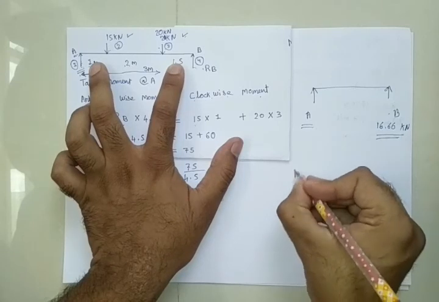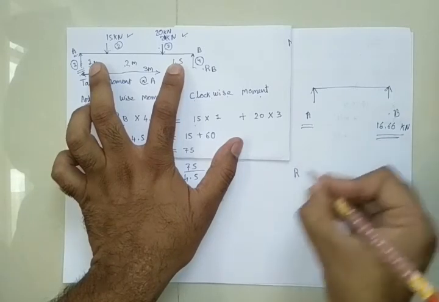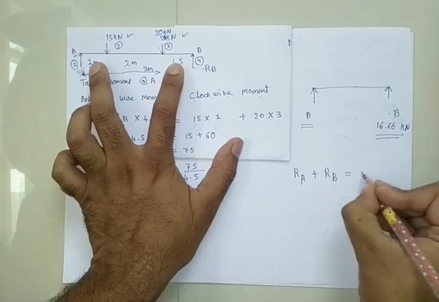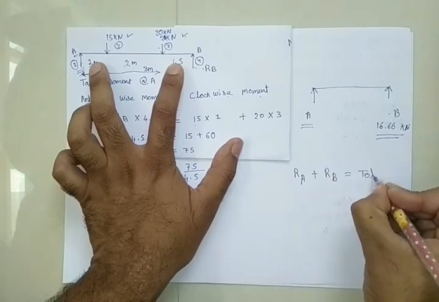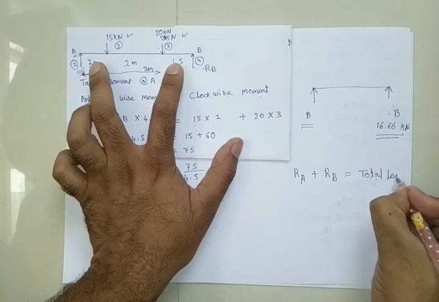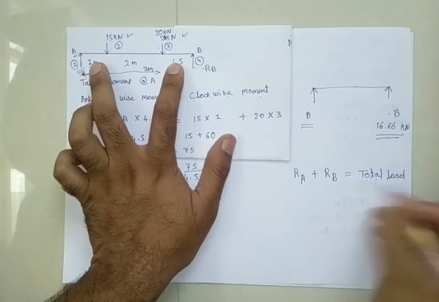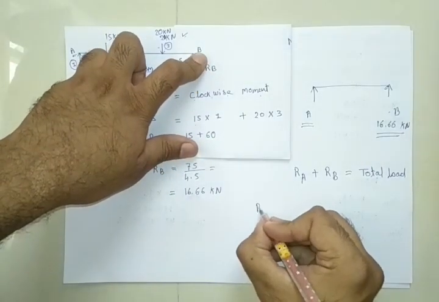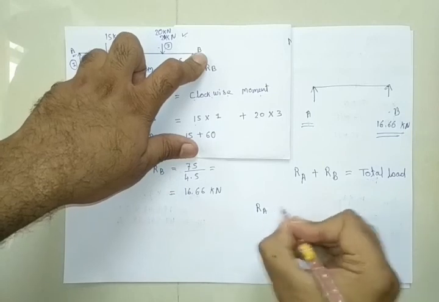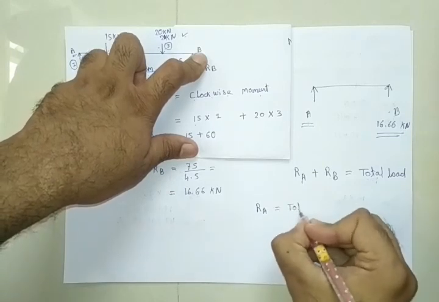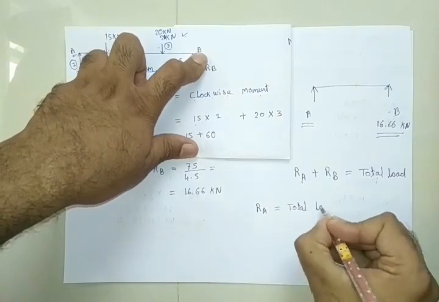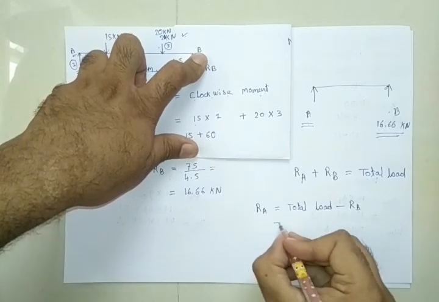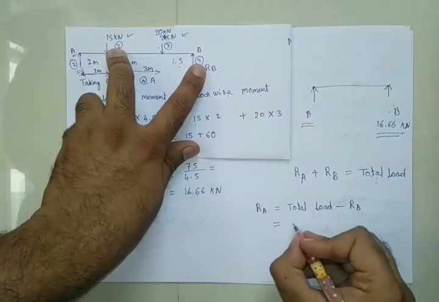I can write it like this, that all the load transferring from A plus all the load transferring from B is equal to total load on beam. So for this I can write RA is equal to total load minus RB.